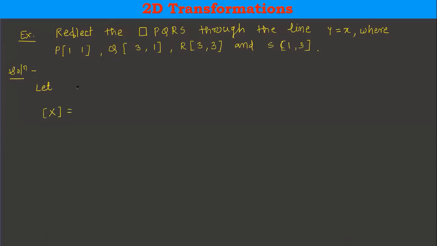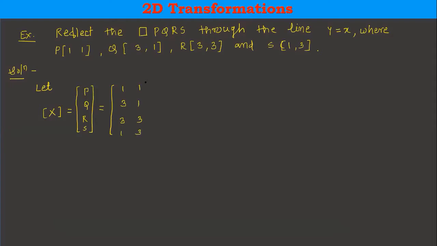So we can write it as a column matrix, PQRS. So this is P, Q, R, then S, and their coordinates are as follows. The coordinates of the point P are 1, 1, then Q is 3, 1, R is 3, 3 and S is 1, 3.